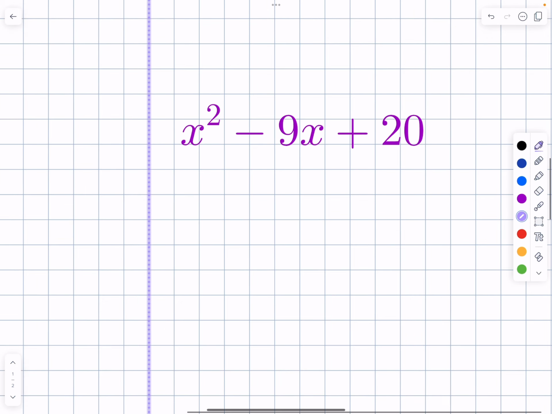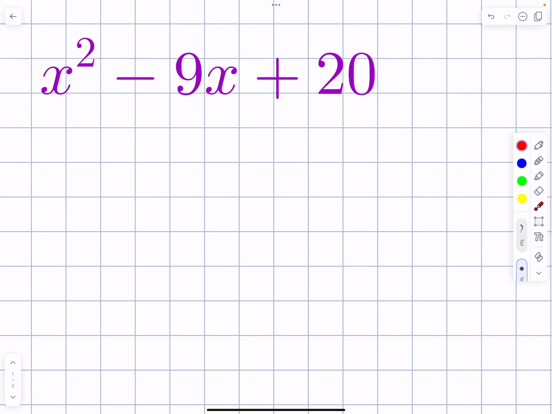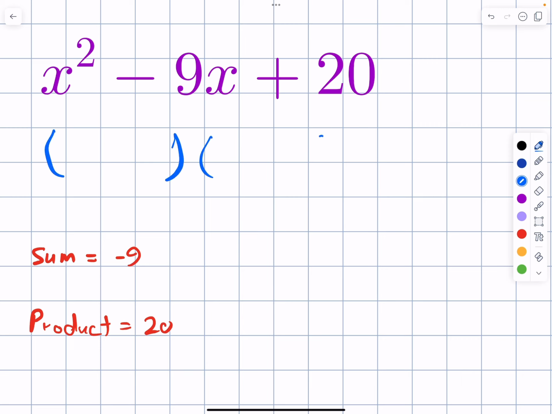Now, here, as we see, the middle term is negative, but the constant number is positive. So again, we need two numbers so that when we add them up, we get the middle number, -9, and when we multiply them, we get 20. First we open brackets, and we have x times x.